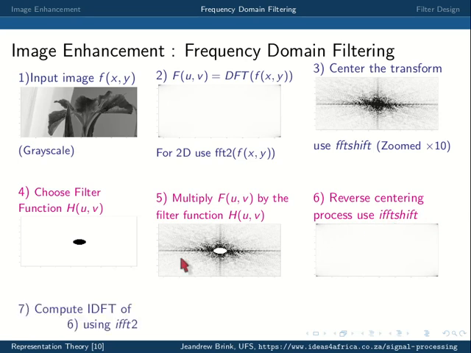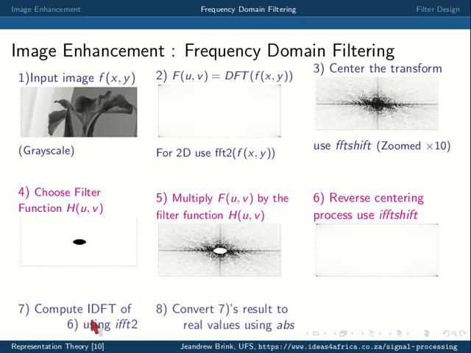Then what I do is I compute the inverse discrete Fourier transform of number 6 using IFFT2. Okay. Then I get an image, but the problem is because I've multiplied it with a real function, there is no guarantee that this image is real.